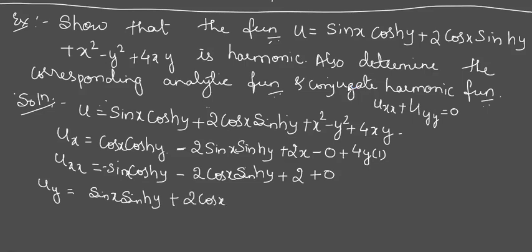Sine hyperbolic y derivative is cos hyperbolic. Derivative of x square with respect to y is 0. Derivative of y square is 2y. Here 4x is constant. Remaining y is 1.